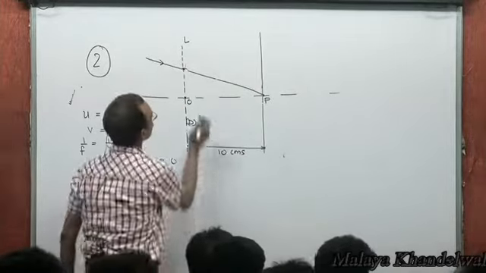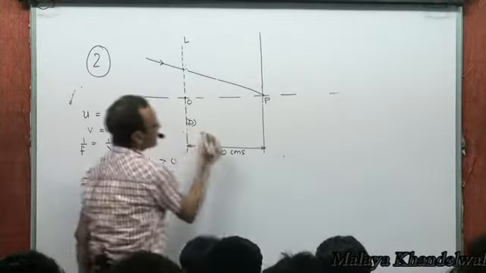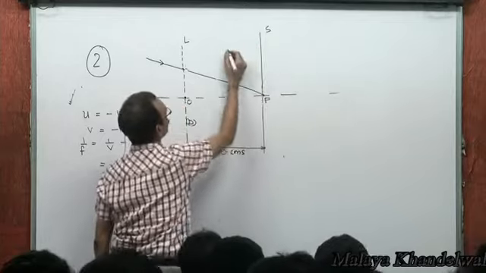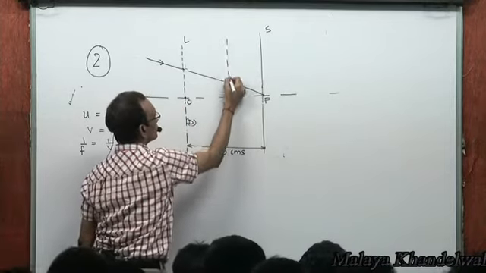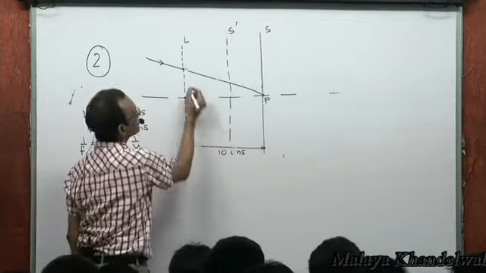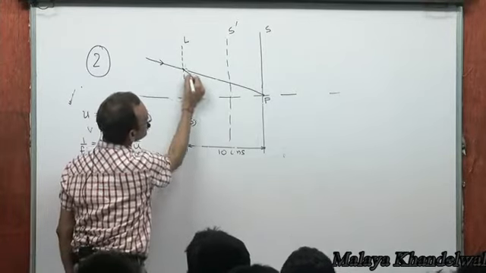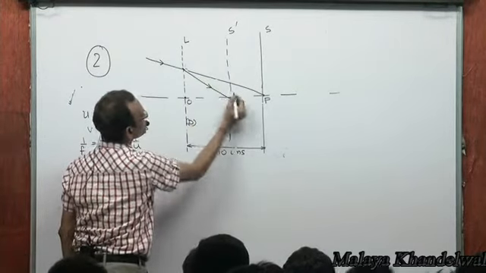Now the screen is moved here. This is the screen S prime. The ray does not go all the way there. Because of this lens, it converges to this point Q.